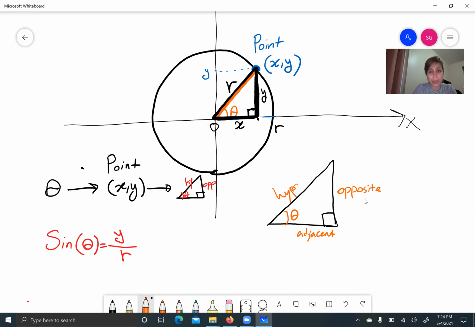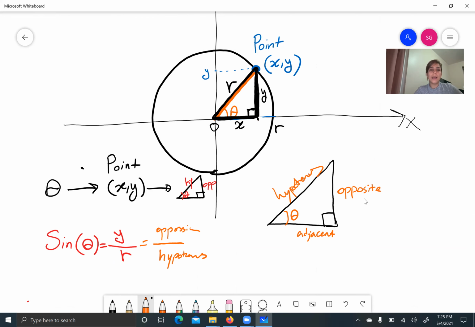I'm sorry, hypotenuse, right? So what we are doing here is dividing the opposite side over hypotenuse side, right? So it's up to you whether you want to use y over r or say opposite over hypotenuse.